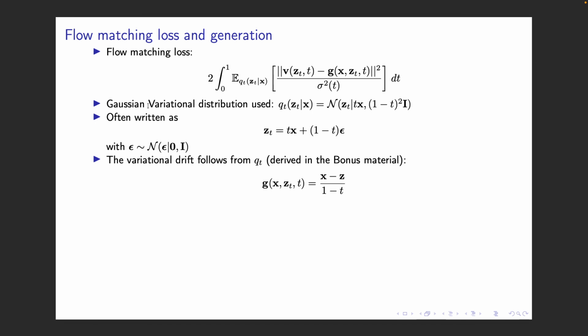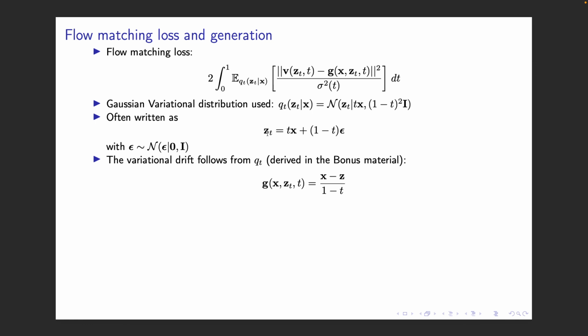And often in flow matching, you don't write down this variational distribution explicitly because the derivation comes from a different place, but it's actually chosen to be this very simple form. So you can see, if we set t equal to 1, so when we are close to the data, then it's actually spiked at the data.